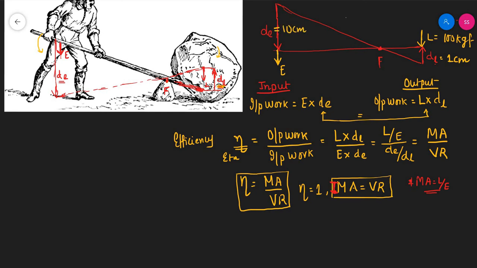Given that your efficiency is equal to 80%, what you've got to find is the following. A, what is your effort? What is your mechanical advantage? What is your velocity ratio? And what's your efficiency? So take a pause and try to work out this problem.